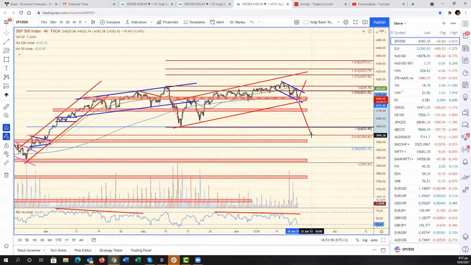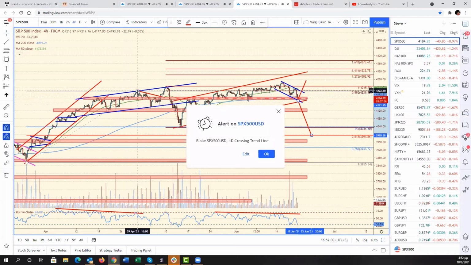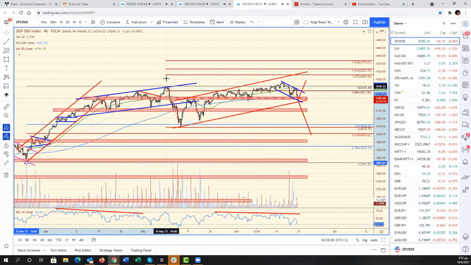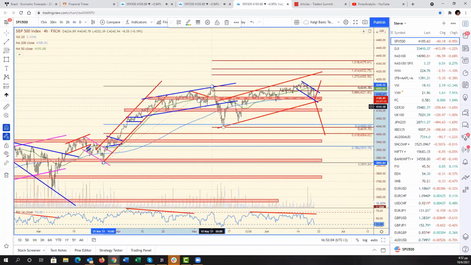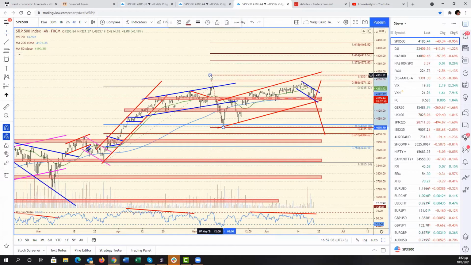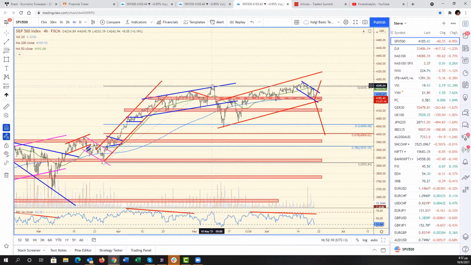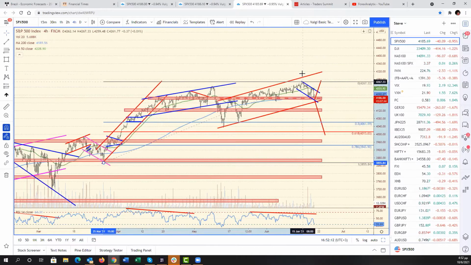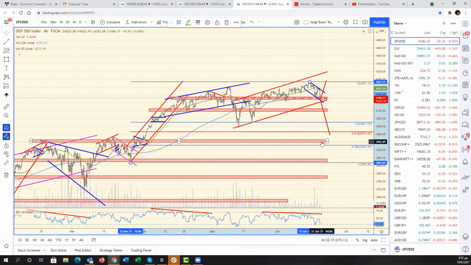In this case, I would be looking next towards the 61.8 of this move higher. But in this case, let's just take the whole move higher. So towards 4,000, right? Next.